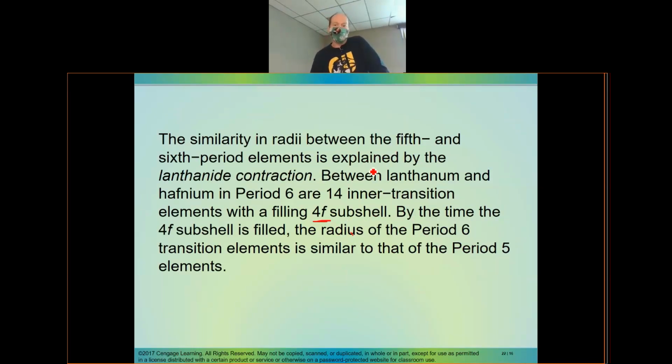The first 4f electron is lanthanum, so this is called the lanthanide contraction. Between lanthanum and hafnium in period 6, there are 14 inner transition elements filling the 4f subshell. By the time the 4f subshell is filled, the radius of period 6 transition elements is similar to that of period 5 elements. That is just called the lanthanide contraction.